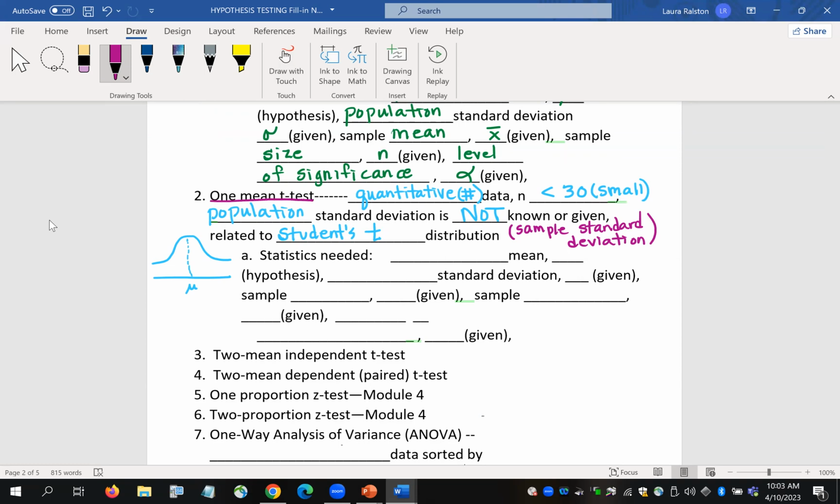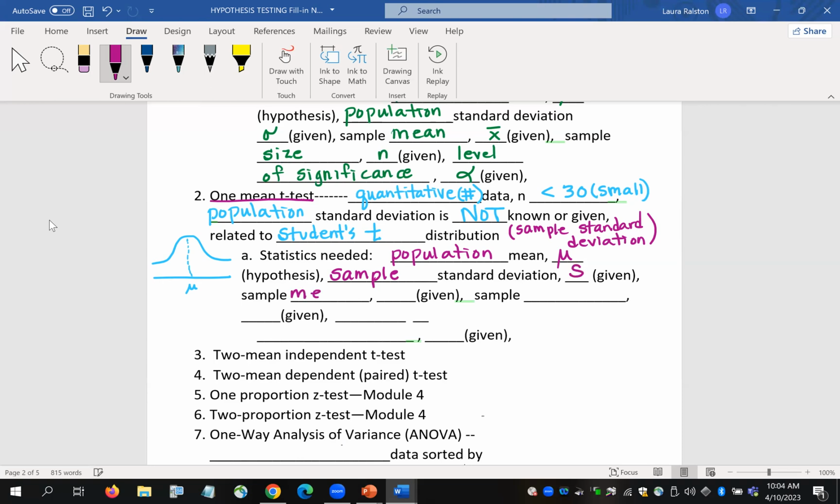The statistics that you need for doing a one mean t-test are, again, the population mean, which is mu. You'll have the sample standard deviation, which is s.